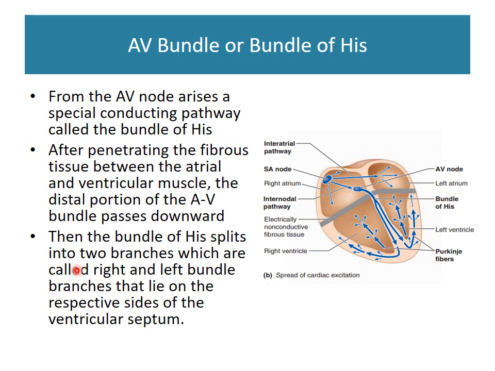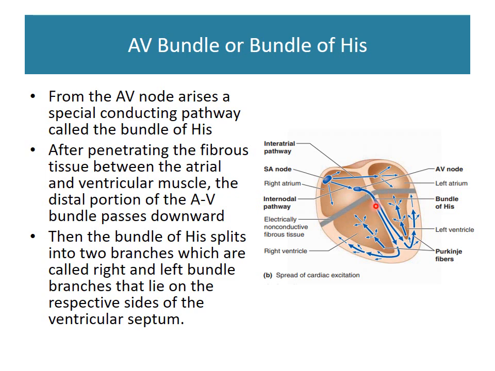From the AV node arises a special conducting pathway called the bundle of His, named after a German cardiologist. Look at here. This is the bundle of His. After penetrating the fibrous tissue between the atrial and ventricular muscle, the distal portion of the AV bundle passes downward.